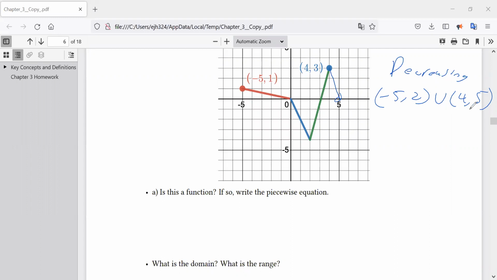It's decreasing in both of these subintervals, so we talk about that whole area, and the union makes it clear that we're tossing together two different intervals.